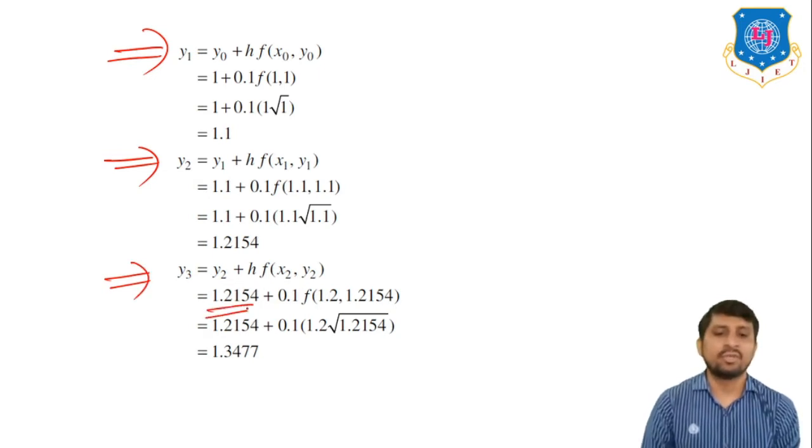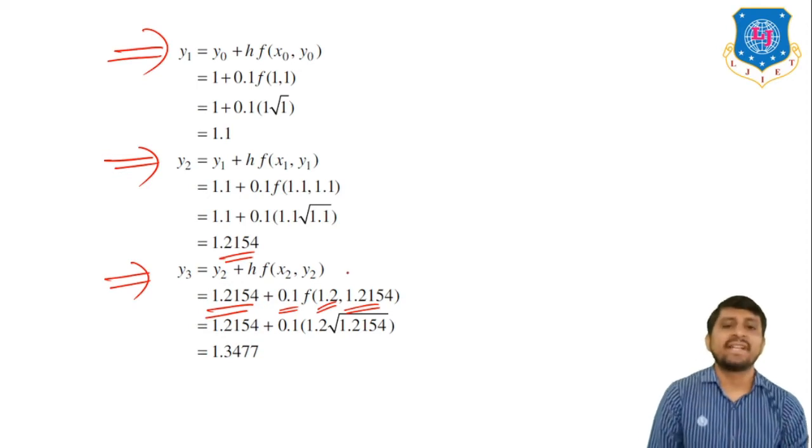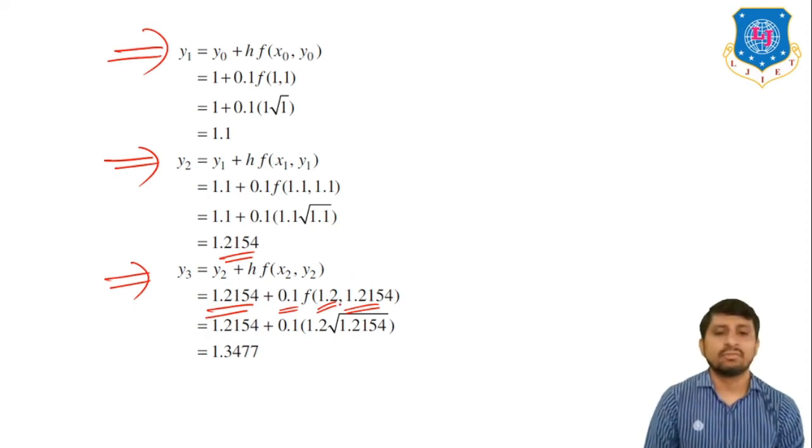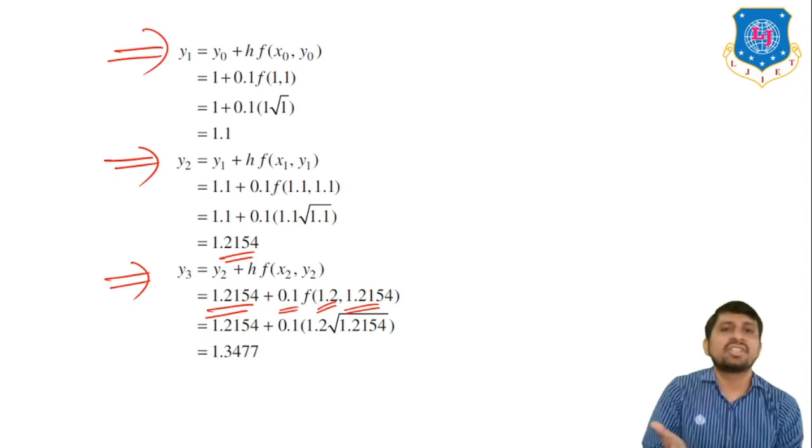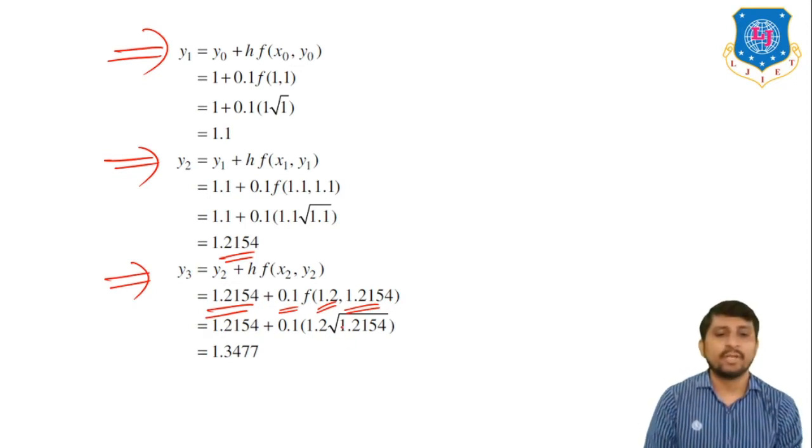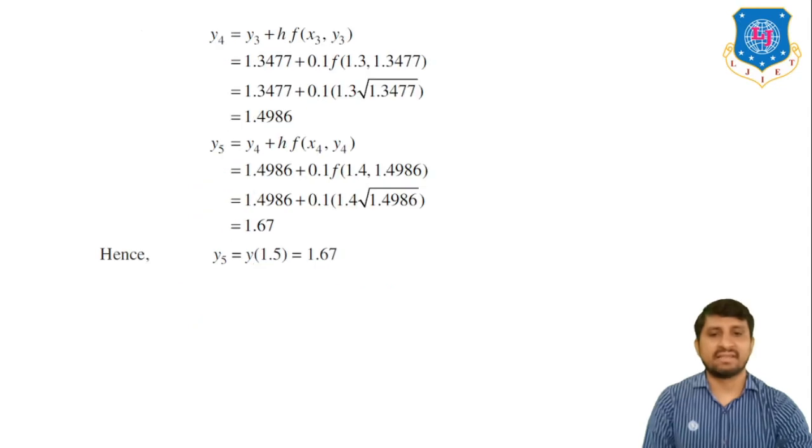So 1.2154 plus 0.1 f of 1.2 1.2154, that is 1.2 into square root of 1.2154. So the answer is 1.3477.